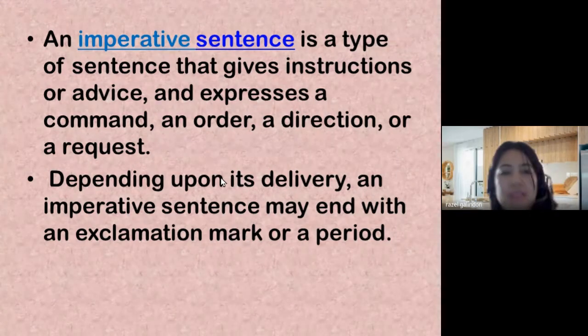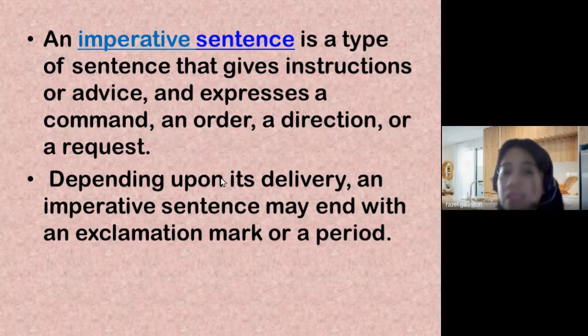Depending upon its delivery, an imperative sentence may end with an exclamation mark. Maybe if the speaker is a little bit angry in giving a command, it ends with an exclamation point. But still, it is imperative because it is giving a command.